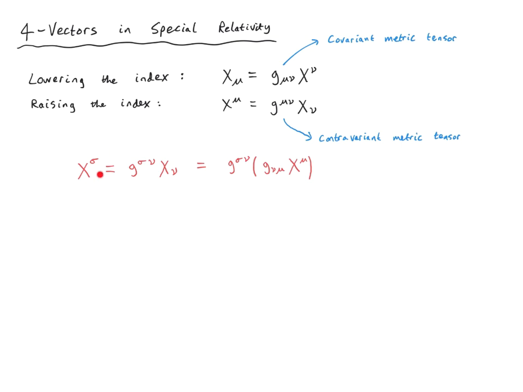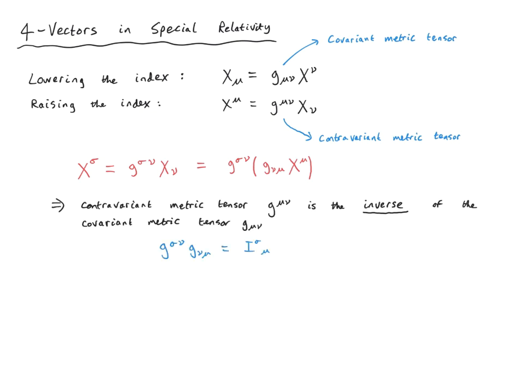So by comparing the left-hand side of the equation and the right-hand side of the equation, we see that the product of the covariant metric tensor and the contravariant metric tensor is actually the identity matrix, and therefore the contravariant and covariant metric tensors are actually the inverse of each other. We see that they must be the inverse of each other because we can lower and raise the index and get back to where we started.